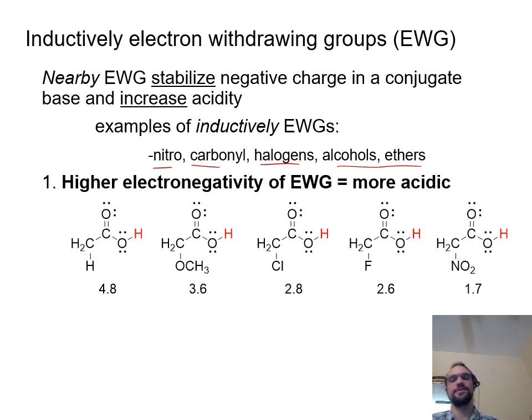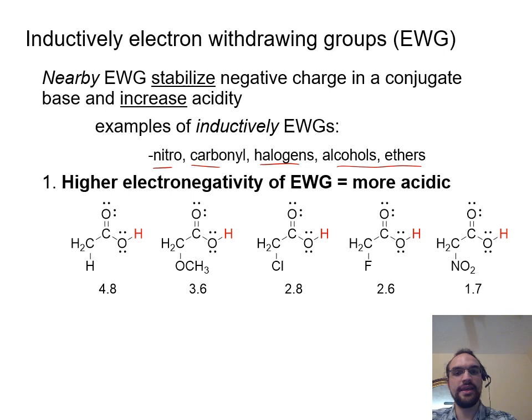Alcohols and ethers are on that list too because, as I pointed out with the ether above, they are electronegative and pull electron density towards themselves. And if they can't donate through resonance, because there's not a conjugated system, they're useless as donating groups.